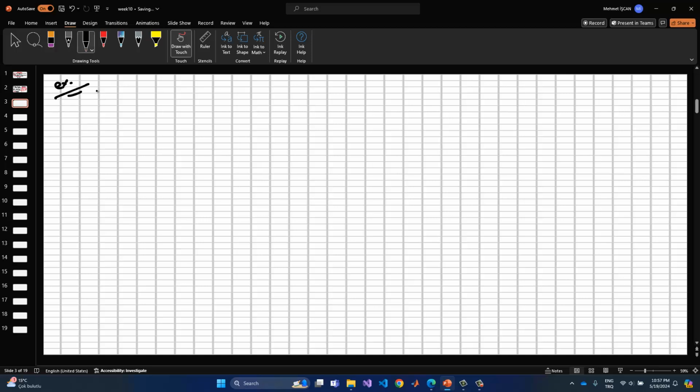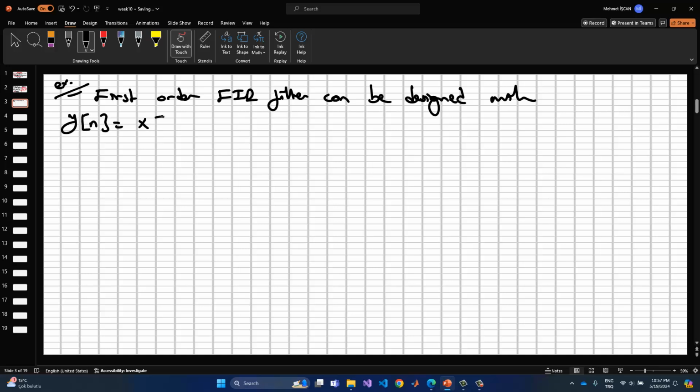For example, a first order IIR filter can be designed as y[n] = x[n] - 0.9 y[n-1].